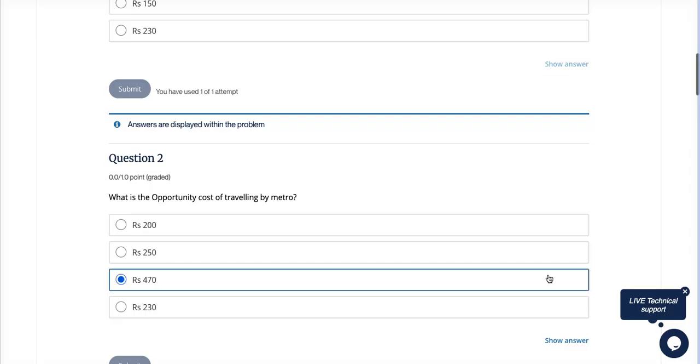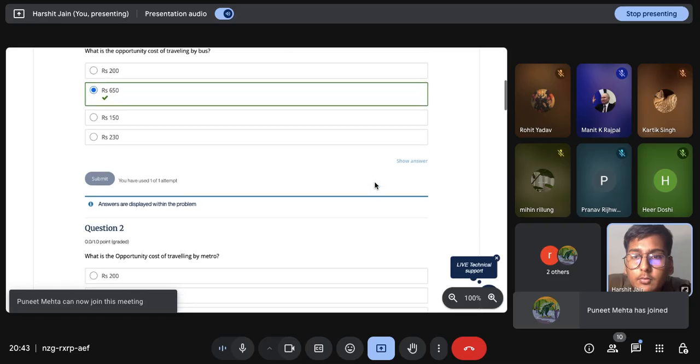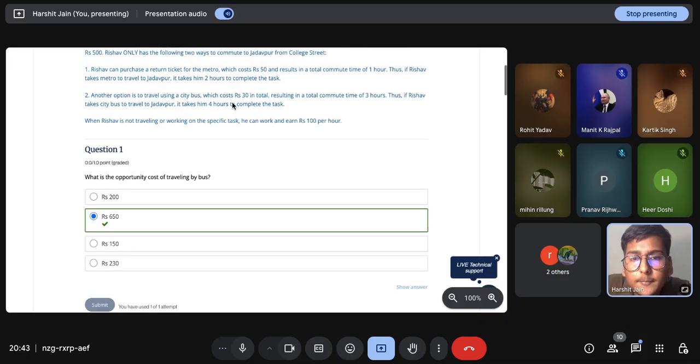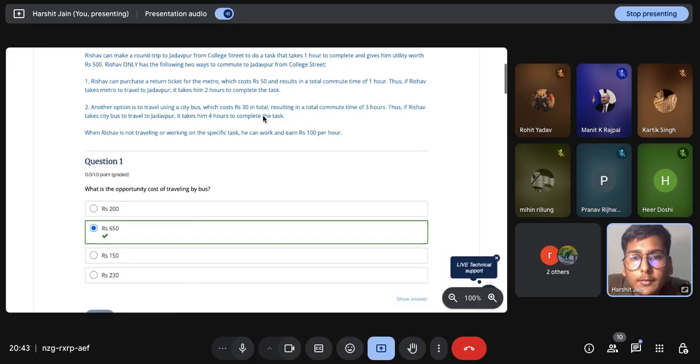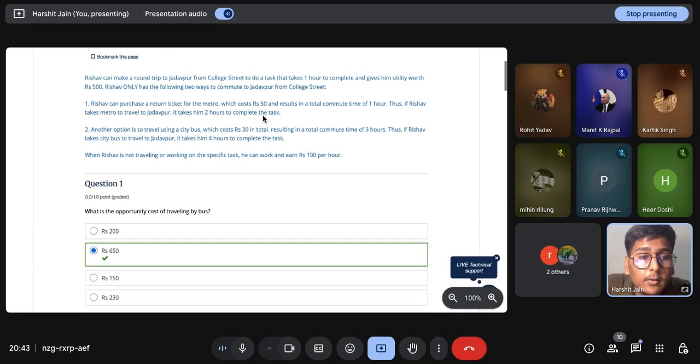Now what is the opportunity cost of traveling by metro? When he travels by metro, it will take only 2 hours to come back home.